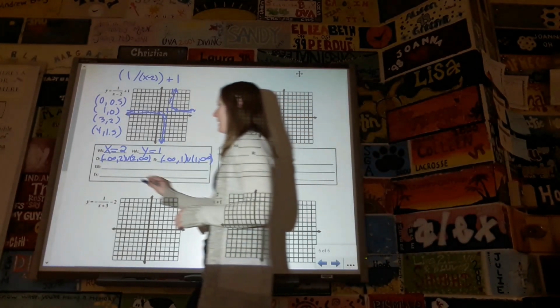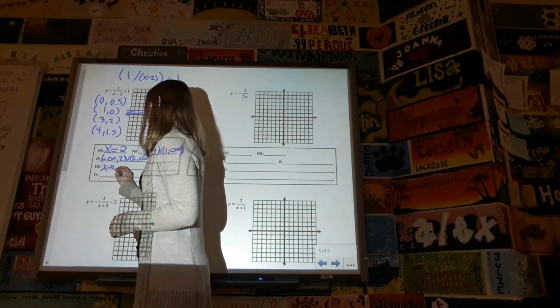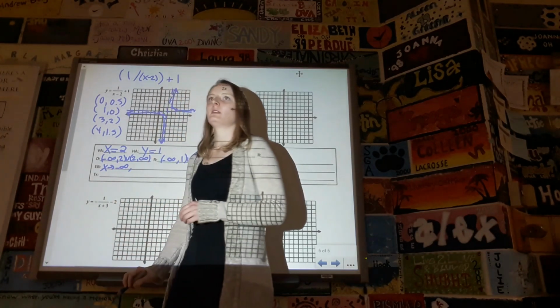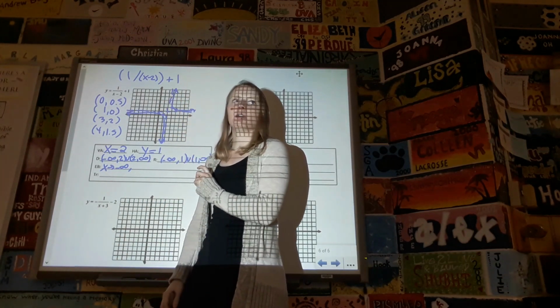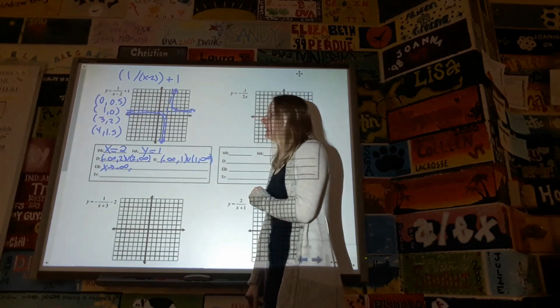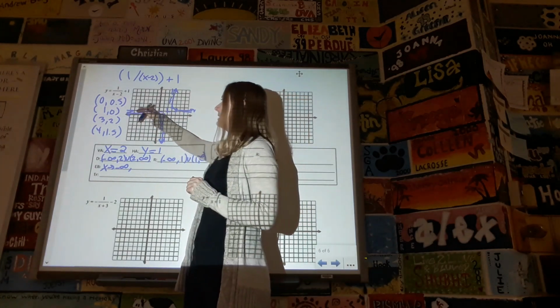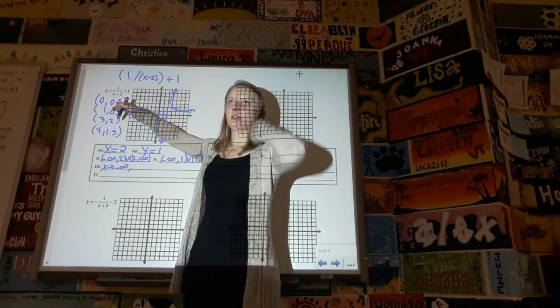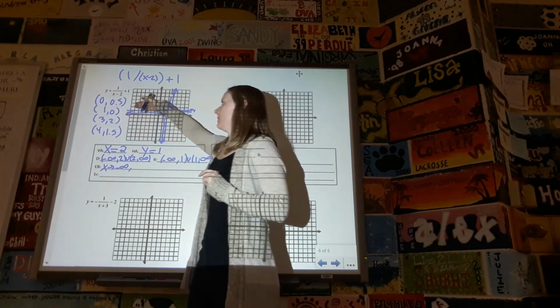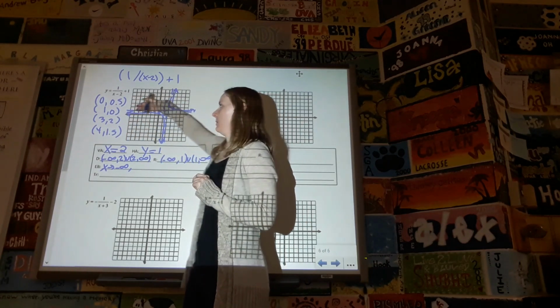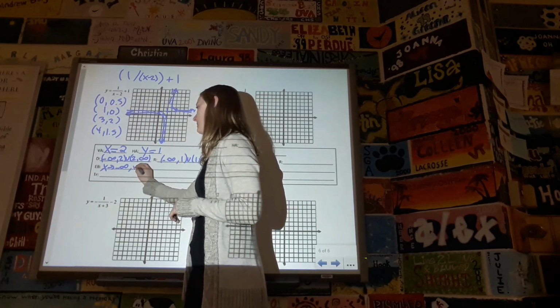Alright, and behavior, x approaching -infinity. What side is x approaching -infinity? The left. So on the left, I am gradually rising, but what's my ceiling? What's the highest I can approach? 1. The asymptote is 1.